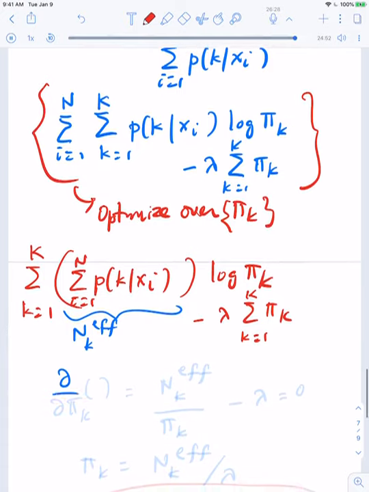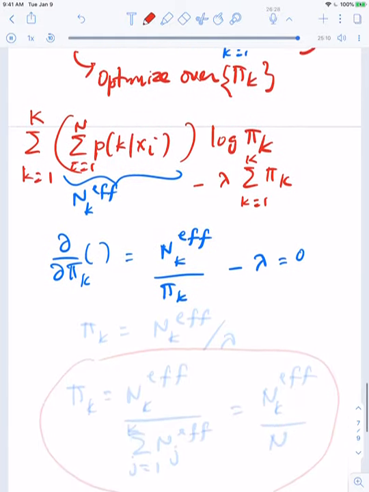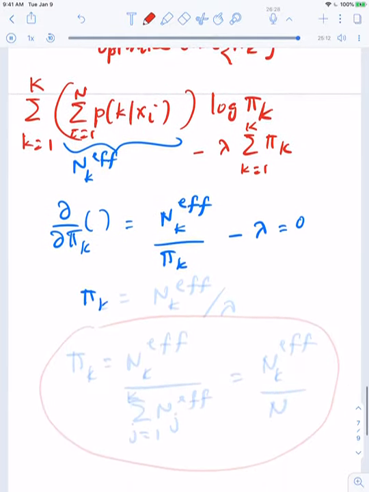The derivative with respect to pi k is n k effective divided by pi k, that's the derivative of the log of pi k, minus lambda equals 0. What does this mean? That pi k is equal to n k effective over lambda.